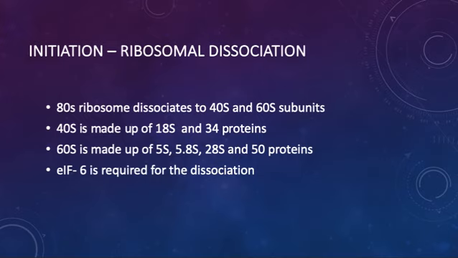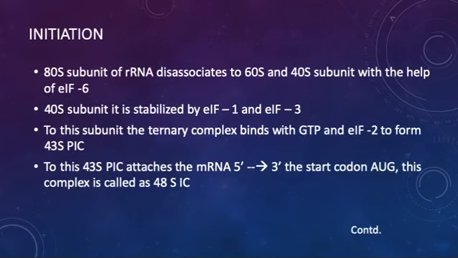Here we require initiation factor 6 for the dissociation of these ribosomal units into 40S and 60S ribosomal units. Next we'll go on to the initiation complex itself. The 80S ribosome dissociates to form the 60S and the 40S subunits with the help of initiation factor 6.